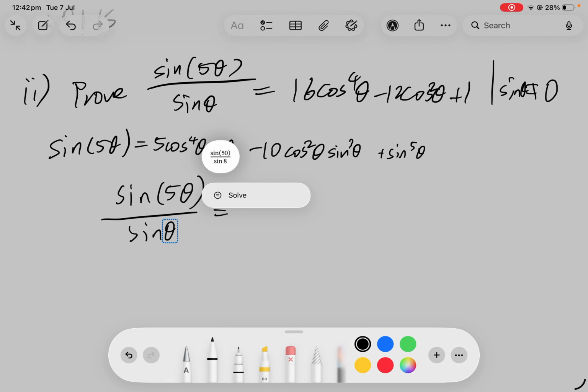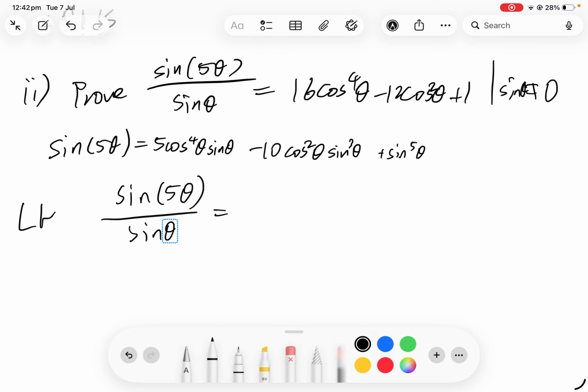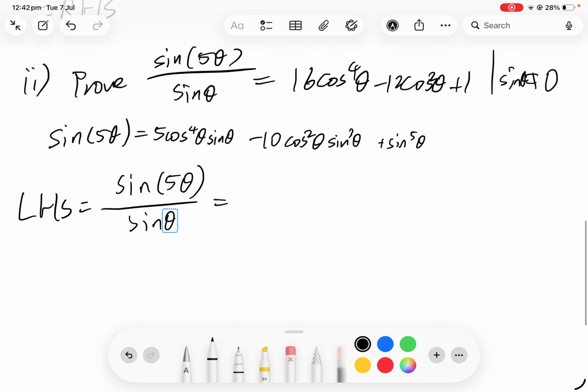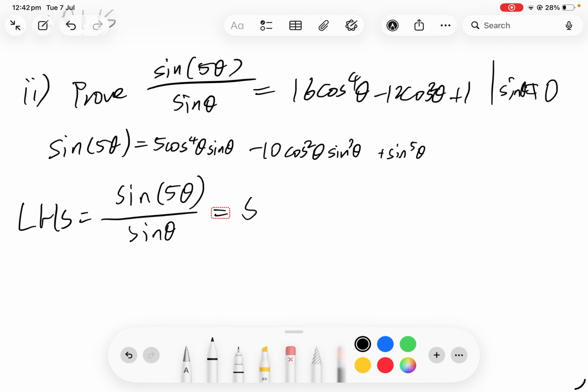That's the left hand side, and that equals 5 cos 4 theta minus 10 cos squared theta sine squared theta plus sine 4 theta.